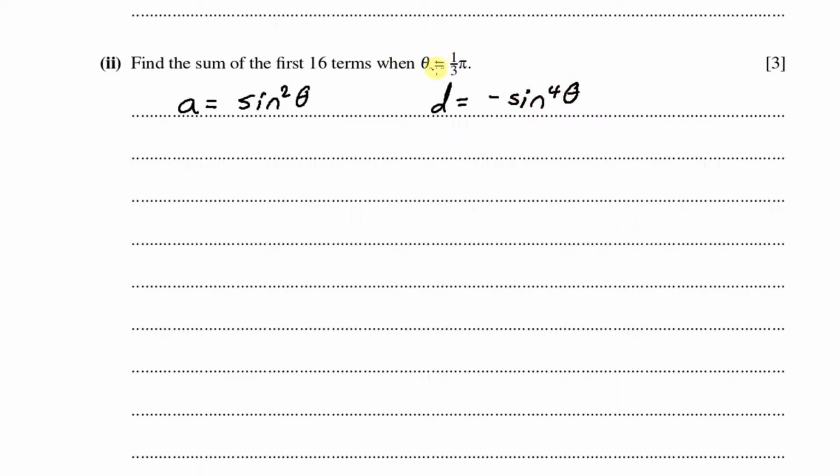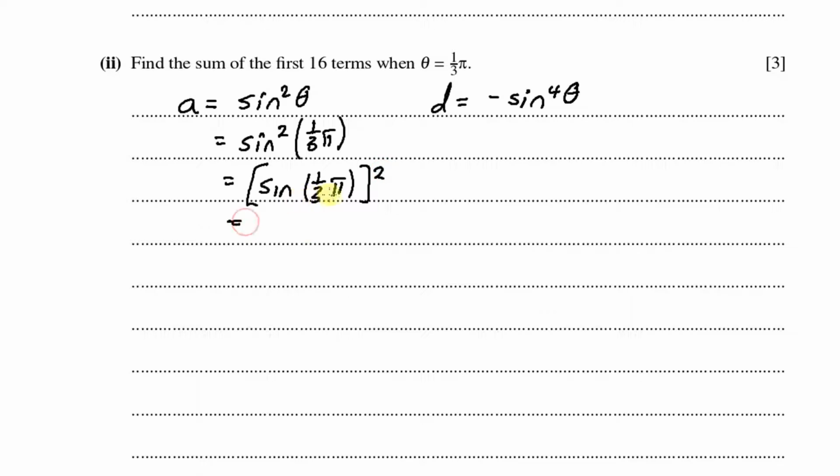Now, we're told in the question that theta is a third pi. So that means that A will come out as sine squared of a third pi. This is the same as sine of a third pi all to the power of 2.